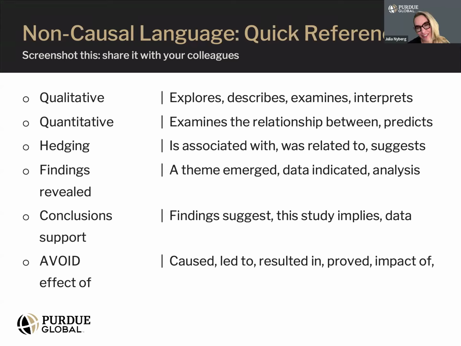One word really has the tendency to trip up folks: impact. The term impact, I would even do a find on your applied research project for this one. It sounds neutral, but it carries a causal connotation. Replace the word impact with relationship, association, or difference.